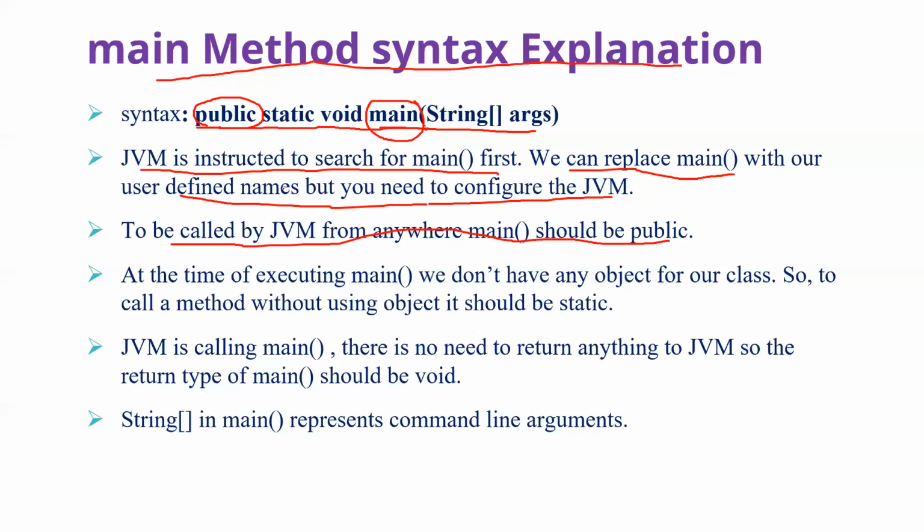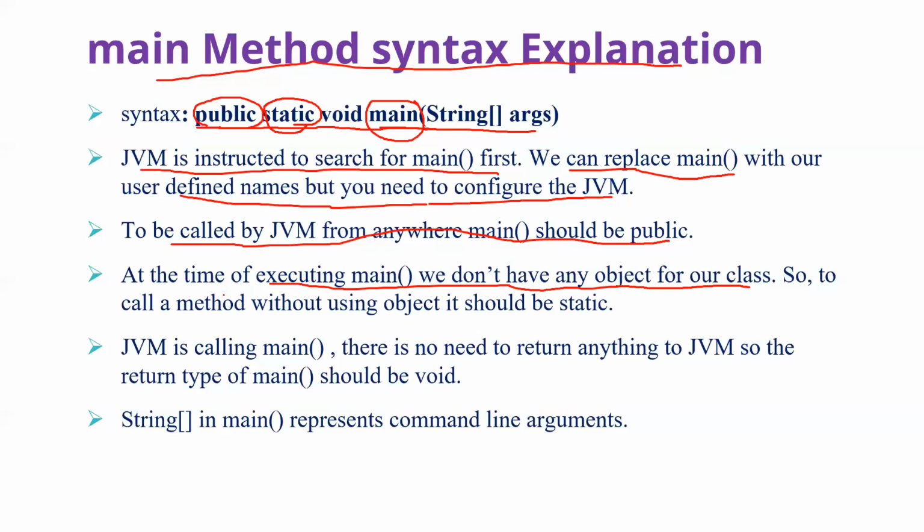And the next one is why it should be static. At the time of running, the main method is also a method present in our class, right? In order to call any method, what should we do? We need to call it by an object reference. We need to create an object for that and call it with that reference. But at the time of executing the main method, we have no objects for our class.